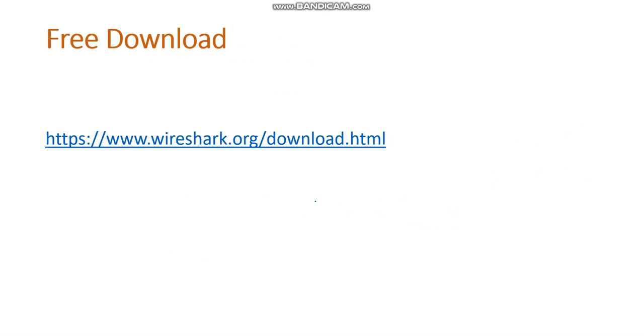Now, to look further into exactly how each packet looks in detail and to analyze how all of this works, I recommend you download Wireshark from this link. It is free to download because it is an open source tool. We can easily analyze every packet of ARP using this tool.